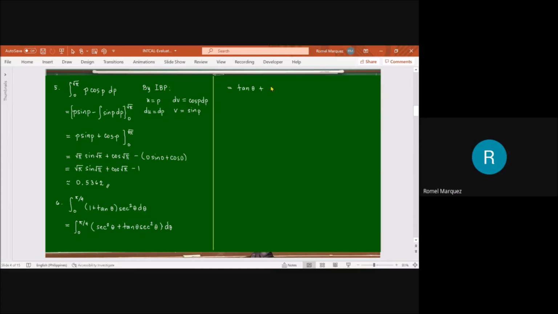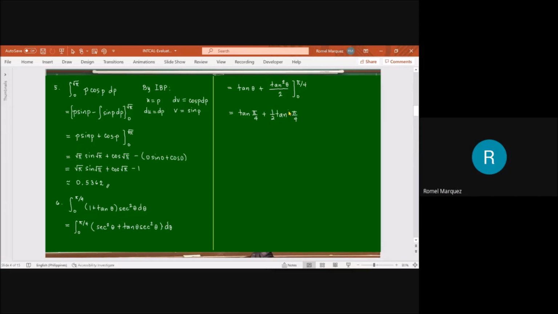So what's the integral? Tangent theta plus tangent theta quantity squared, so tangent squared theta all over 2. U to the n plus 1 all over n plus 1. So evaluated from 0 to pi over 4. Evaluate this indefinite integral when theta is pi over 4: tangent of pi over 4 plus 1/2 of tangent of pi over 4 quantity squared.